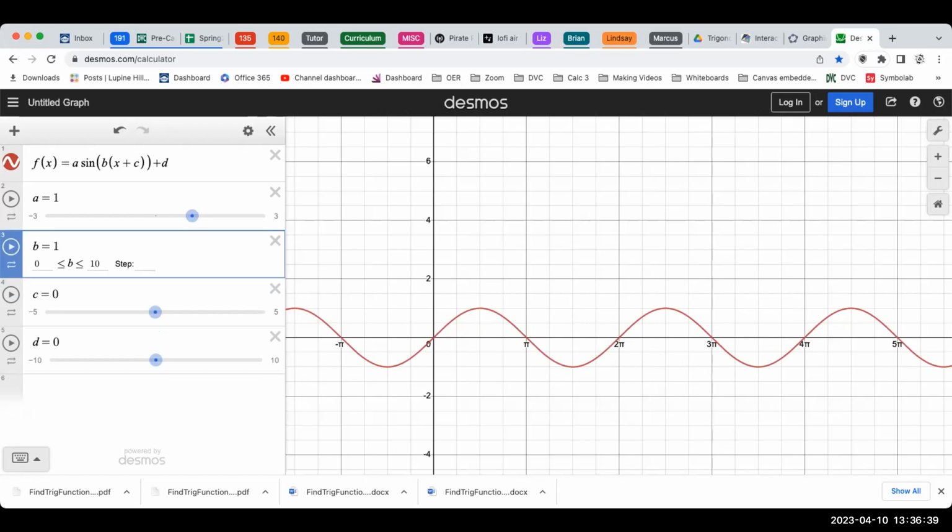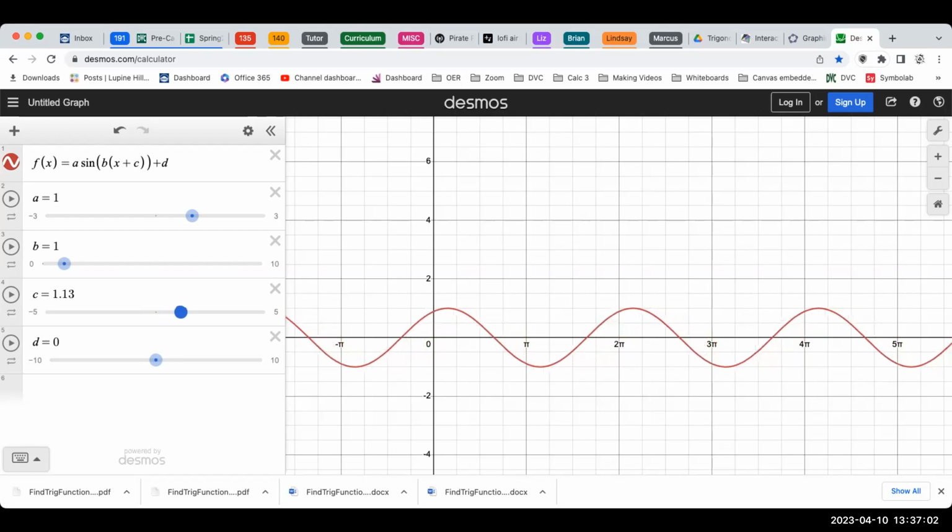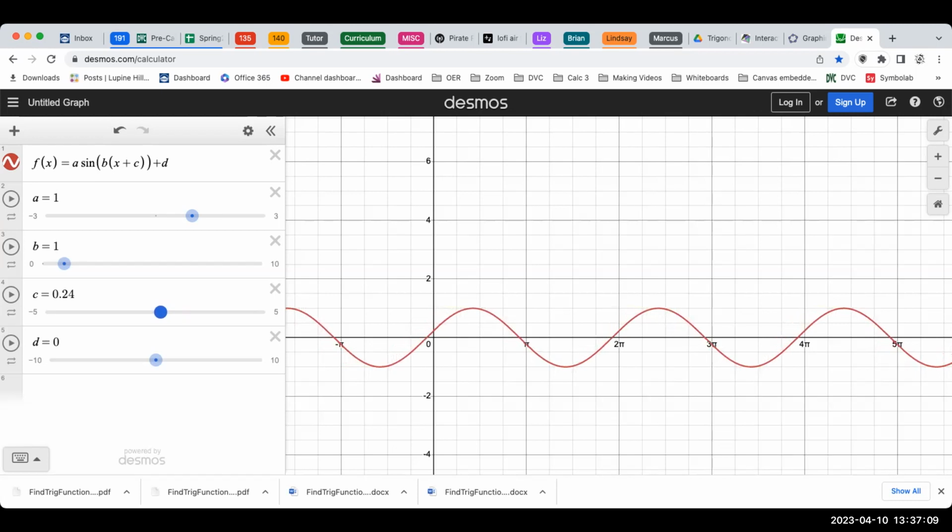Let's bring it back to 1. Okay. C. What is that going to do to this graph? The C? It's going to shift it sideways, but in the opposite manner, right? So if C is a positive 1, what is that going to do to the graph? Shift it to the left by 1. You guys see how it's shifting it? So let me bring it back to 0.